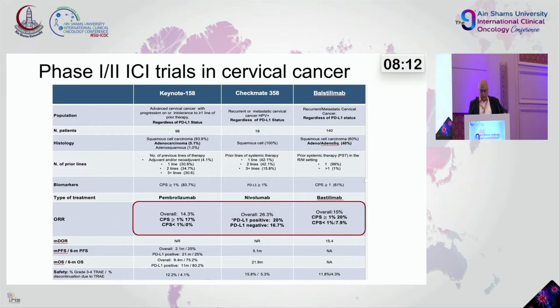The overall survival for the Pembro at 6 months was around 75.2%. For the Checkmate, it is 21.9. This is significantly better than the chemotherapy study. As I mentioned earlier, it was around 8 months only.